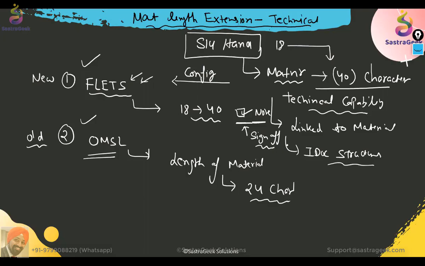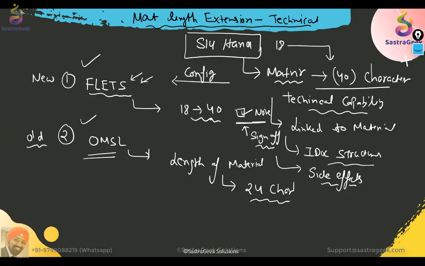So basically in this config, what SAP is doing is taking your sign off that you have gone through the mentioned SAP note and you have gone through the complications or the side effects which can happen by increasing the field length to 40 character. So there can be some consequences to increase the field length. That's why the additional configuration has been given, where SAP is taking your sign off.